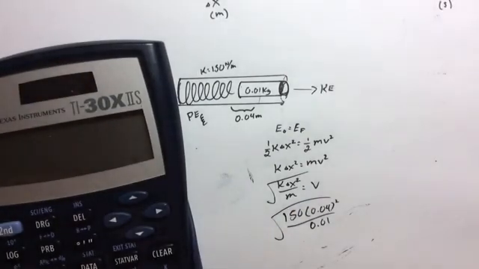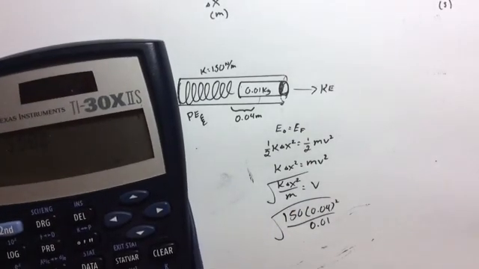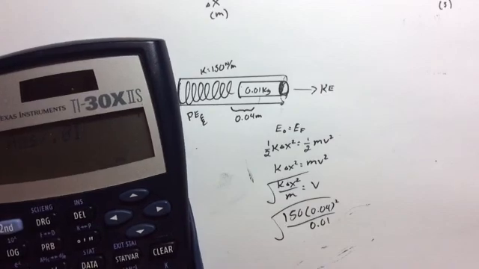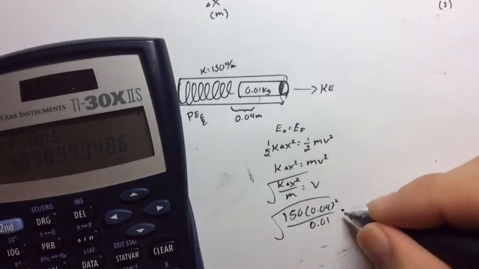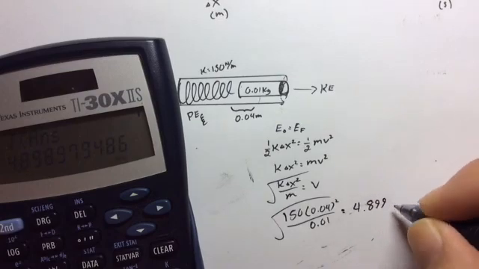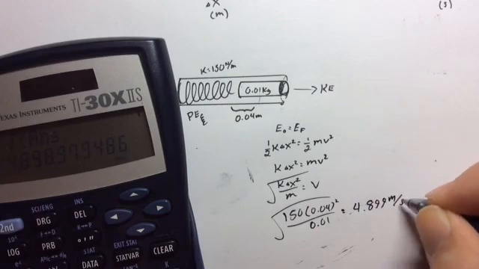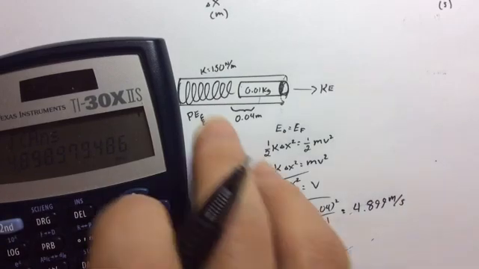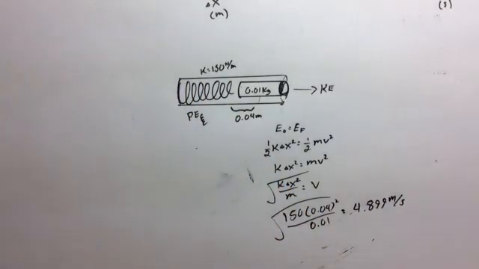On my calculator, 150 times 0.04 squared divided by 0.01, then square root, equals 4.899. We're talking about velocity, so meters per second. All of our units work out. So that's just utilizing a spring, showing you where that equation comes from, and now we'll do some examples.